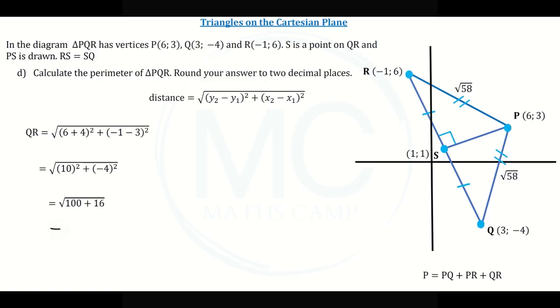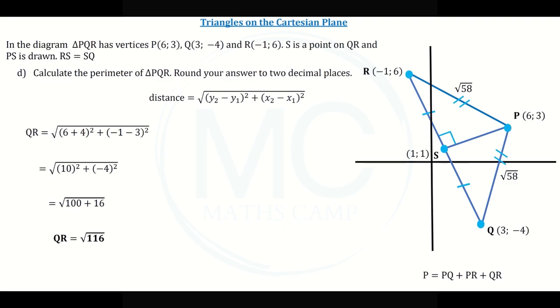And finally, 100 plus 16 is 116 under a square root. And this is the length of QR. Now we have the lengths of all 3 sides.